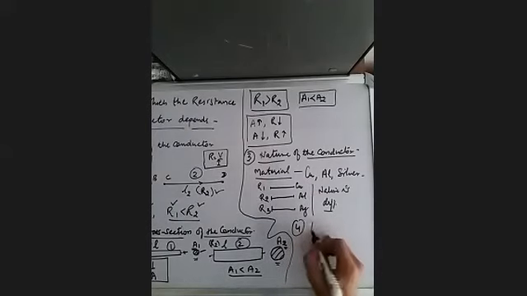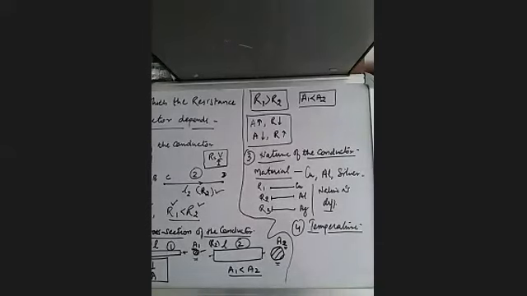And the fourth factor is temperature. So we see that if we take any conductor of any length, suppose a conductor made up of copper, its length is known, its area of cross section is known, but we find out resistance at temperature 20 degree, and then we find out its resistance at temperature 40 degree.